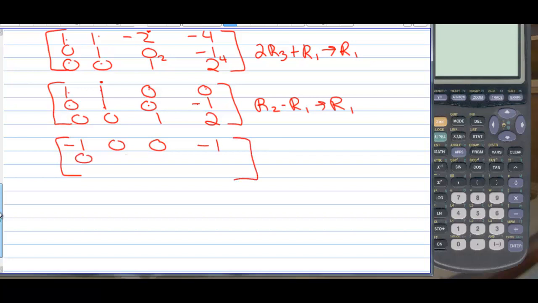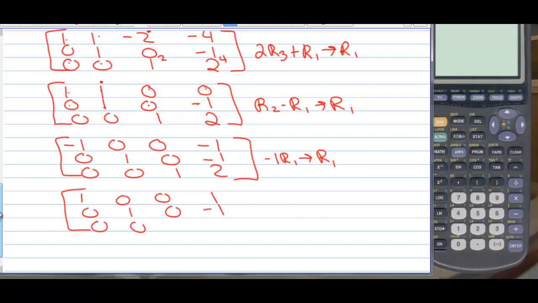We have 0, 1, 0, negative 1, 0, 0, 1, 2. We probably should have subtracted the other way around, but now we can take negative 1 times row 1 and replace row 1. That would have saved us this step right here. We have 1, 0, 0, 1, 0, 1, 0, negative 1, and then 0, 0, 1, 2. So now our solution is 1, negative 1, 2.